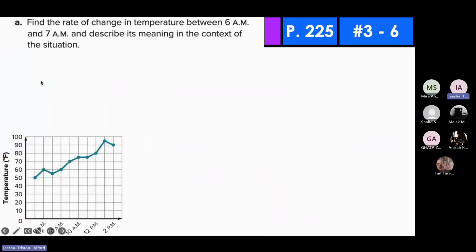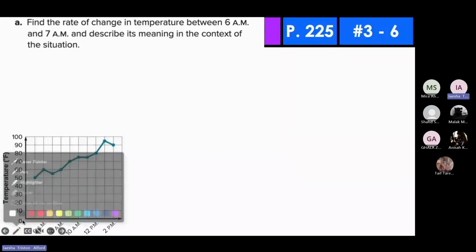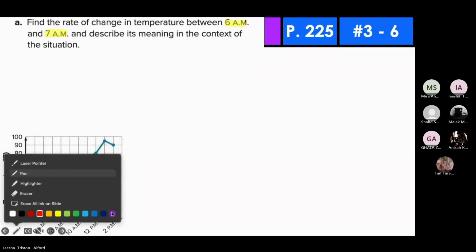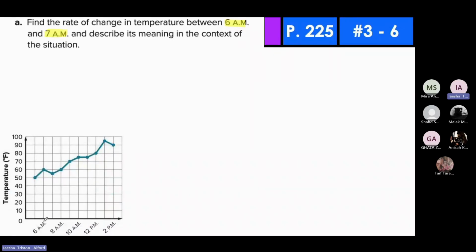Question number 5, this is part A. They want to know the temperature between 6 a.m. and 7 a.m. So you have to use the graph that they give you. On the x-axis, you have the time. This one is 6 a.m. Go up, this is the point. So the x is positive 6 and the y should be 60.